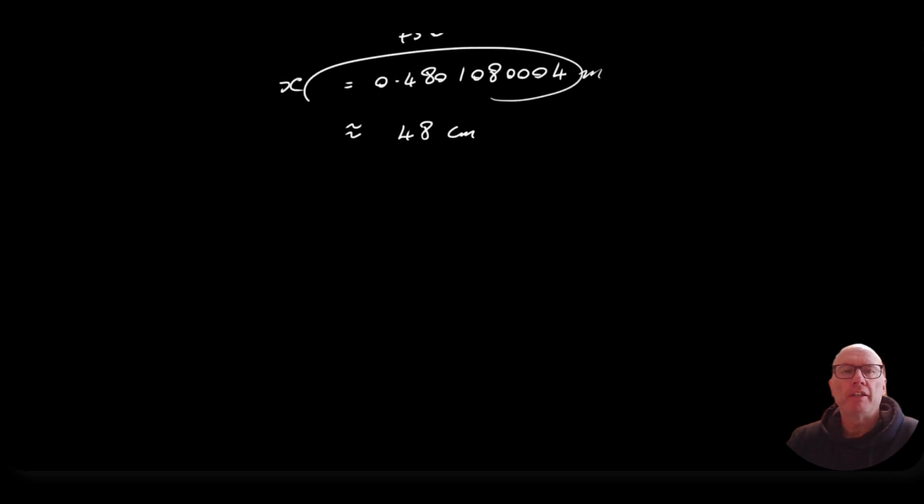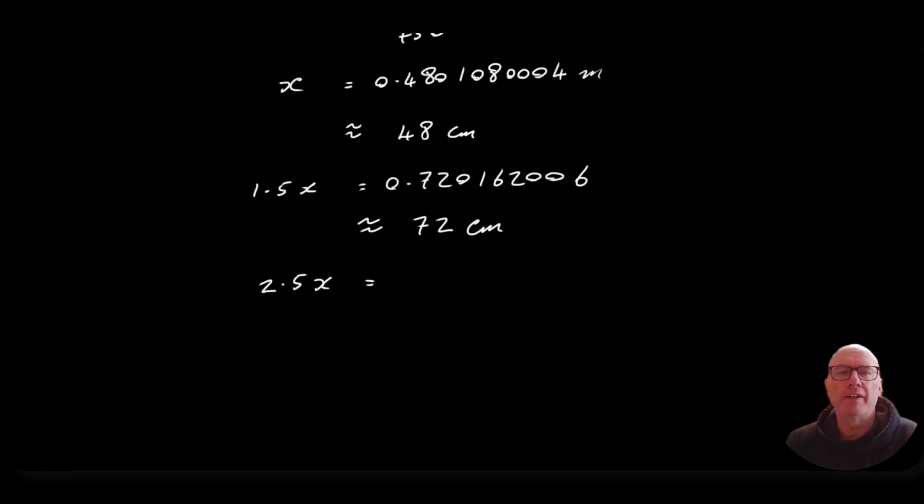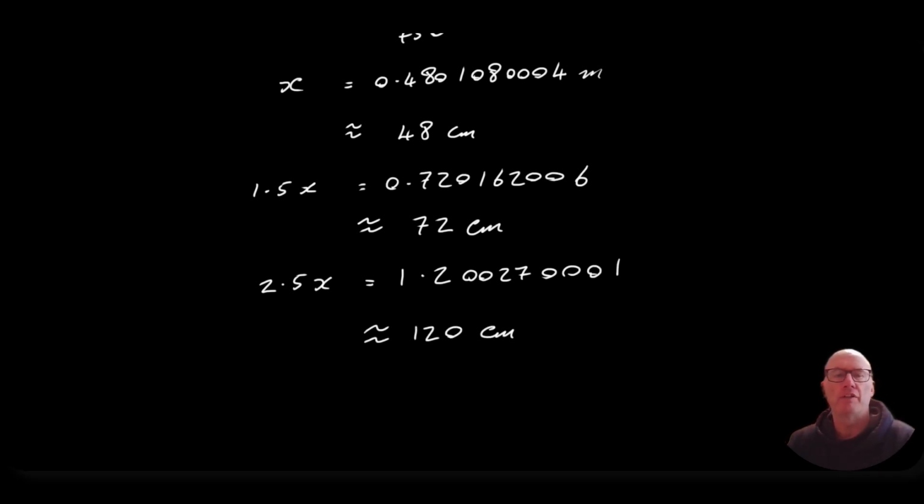So we've got to multiply this by 1.5, so 1.5x is equal to 0.720162006, and that will be roughly 72 centimeters to the nearest centimeter. We need to multiply x by 2.5. So 2.5 of x is 1.20027001, and that is 120 centimeters to the nearest centimeter. So our answers are 48 centimeters, 72 centimeters, and 120 centimeters.